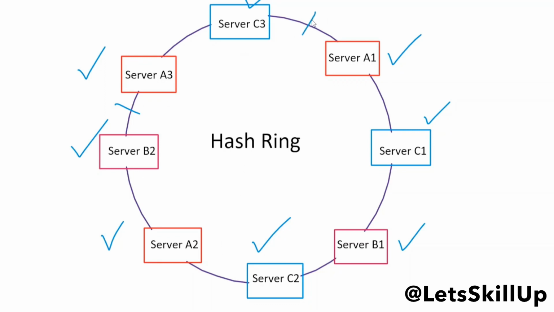Both would go to the server A. That way, we are trying to evenly distribute our keys among different servers to avoid overloading any one server with too many keys or storing too few keys on a given server.